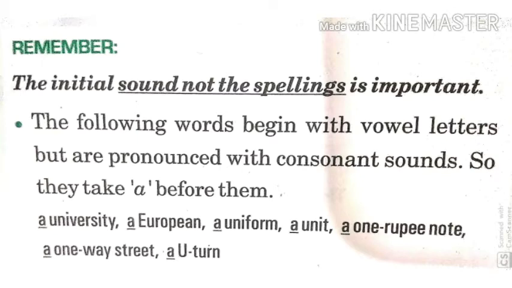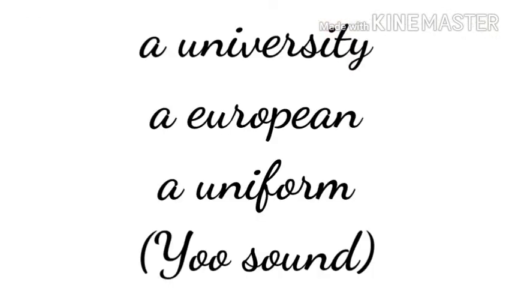European, again, this is beginning with a vowel letter, but it is taking a, not an. Uniform, unit, 1 rupee note, U-turn, one-way street. These are all beginning with vowels, but they are taking a, not an.